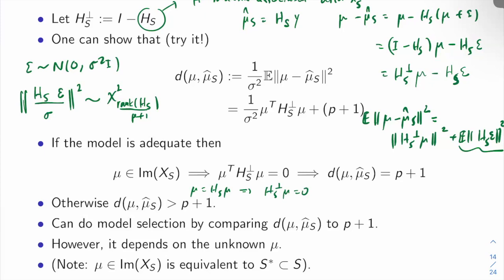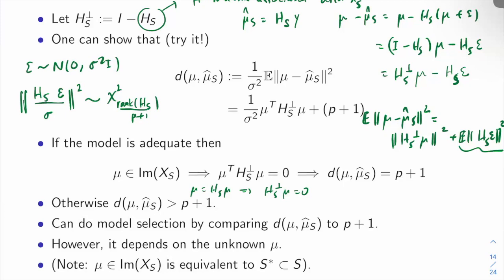So if I have enough covariates in the model such that it explains mu perfectly, then this distance would be p plus 1. If mu is not in the image of XS, so I haven't included enough covariates, then because HS perp is positive semi-definite, this term is always non-negative, and it can't be 0, so it has to be positive.